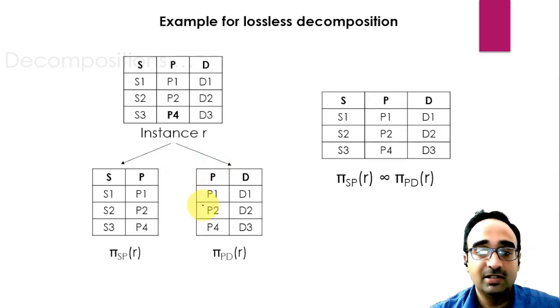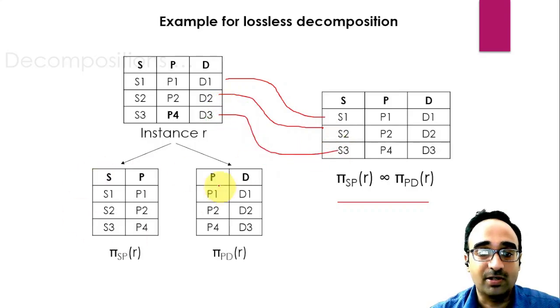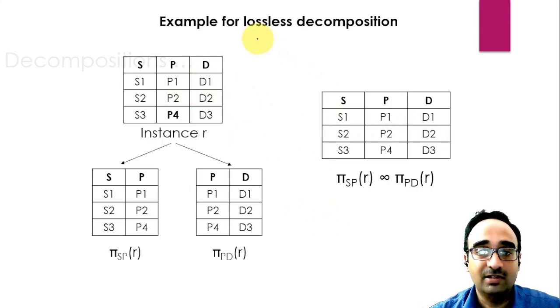Now let's say it is a key in this table. When you join them, you will get the same original table. You can do the cross product and see for yourself, you will get the same original table as this. So this is an example of lossless decomposition.